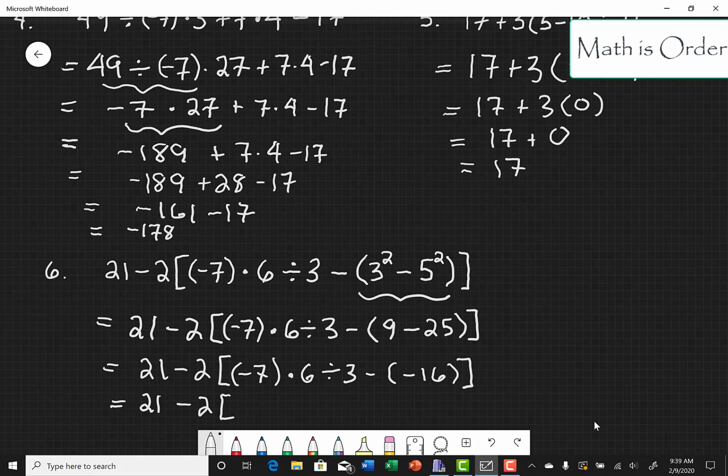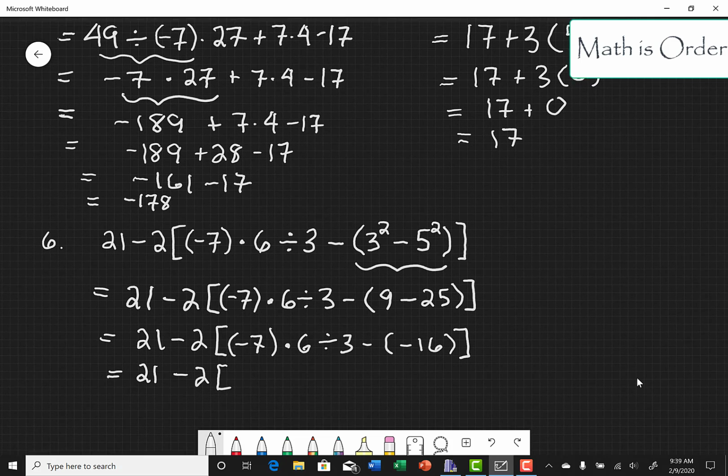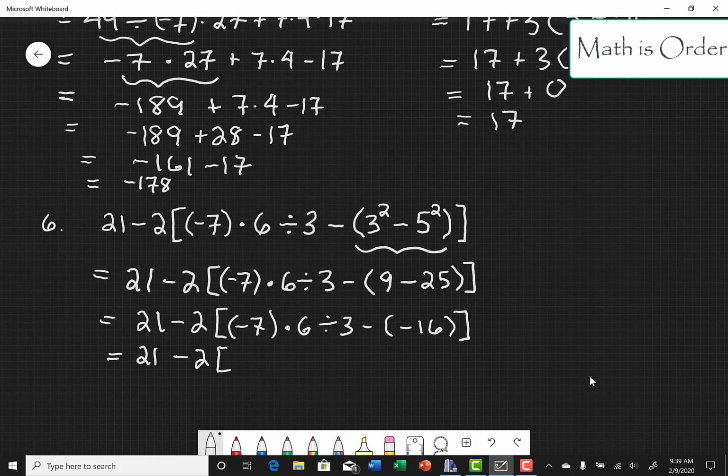And next, we can proceed with this part within this bracket, dealing with multiplication and division. And so we're going to proceed from left to right. So negative 7 times positive 6 is a negative 42.